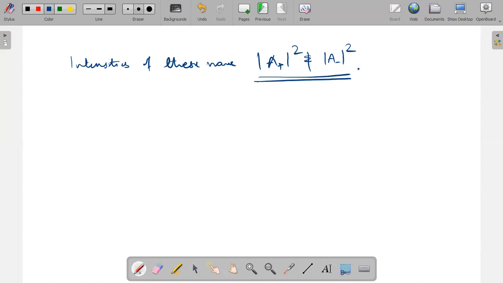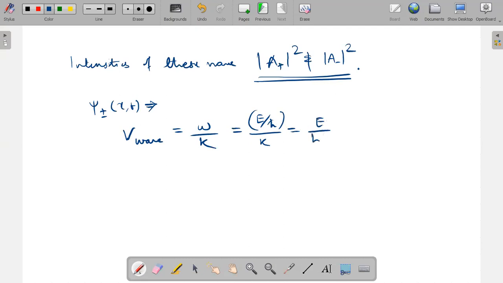Okay, and therefore we have the speed of the plane wave, given by psi plus minus of x. This implies that V wave equal to omega upon k. But what is the omega? Omega equal to E upon h cross. But what is the E?